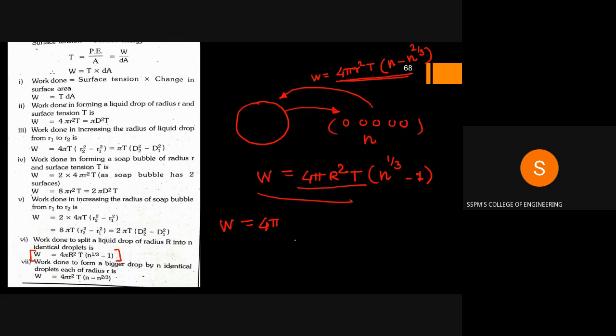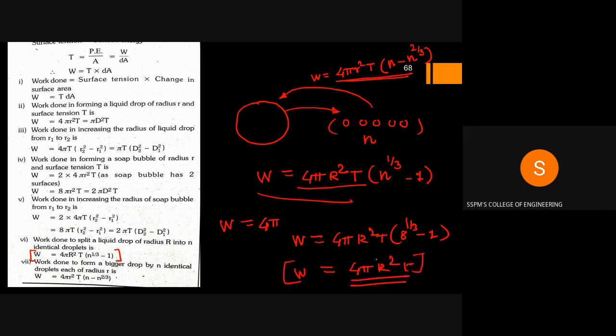So work done is equal to 4 pi r square capital T, with n equal to 8, raised to 1 by 3, minus 1. 8 raised to 1 by 3 is 2, 2 minus 1 is 1. So 4 pi r square T. This is the work done when a single drop is split into 8 droplets.